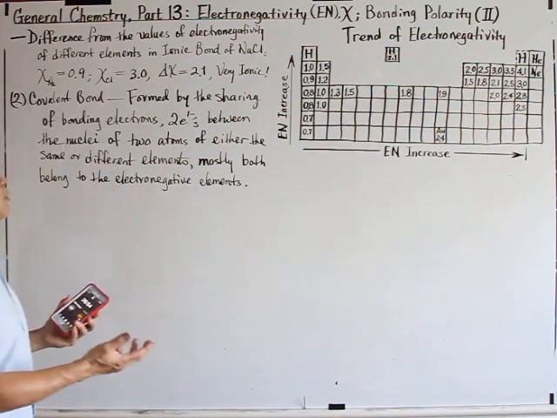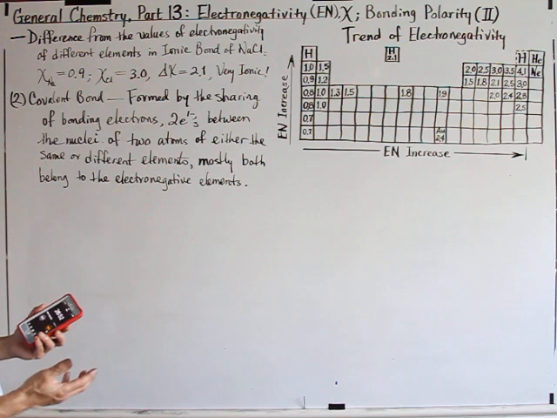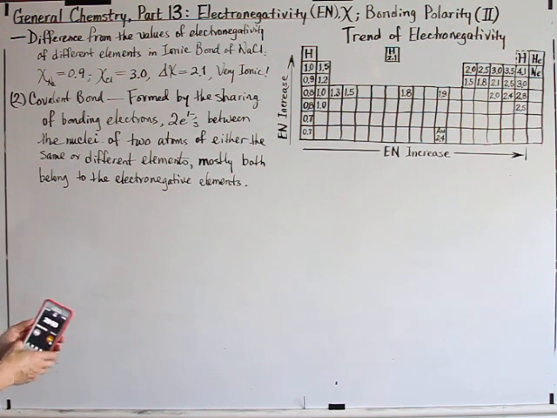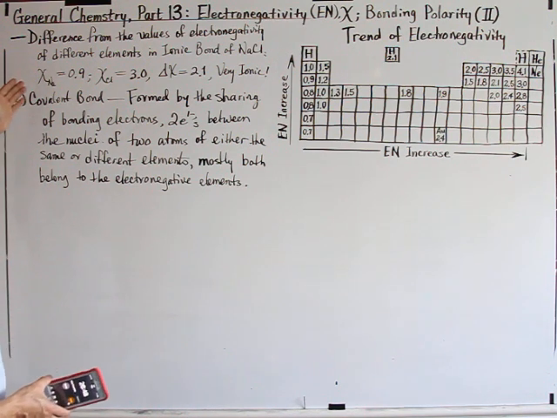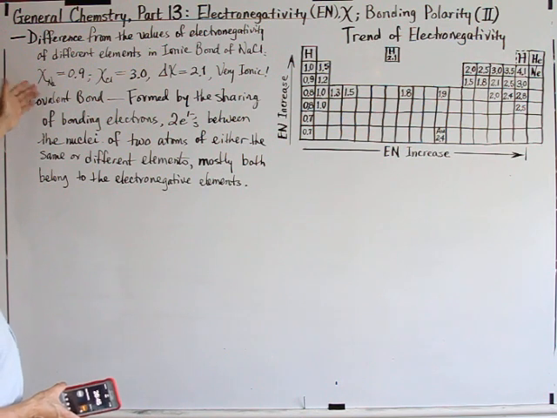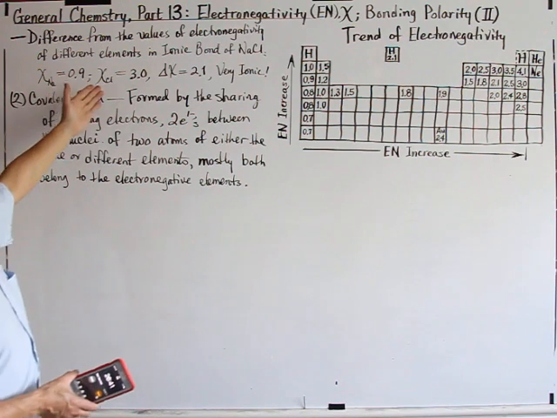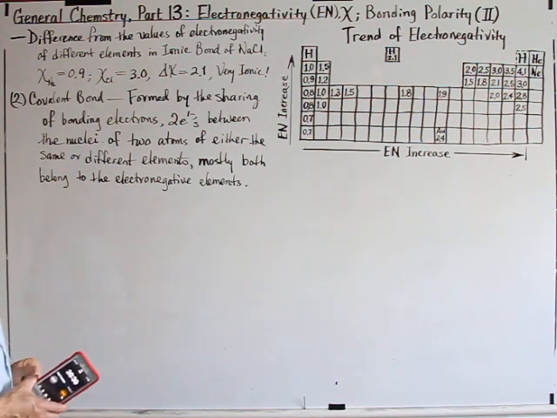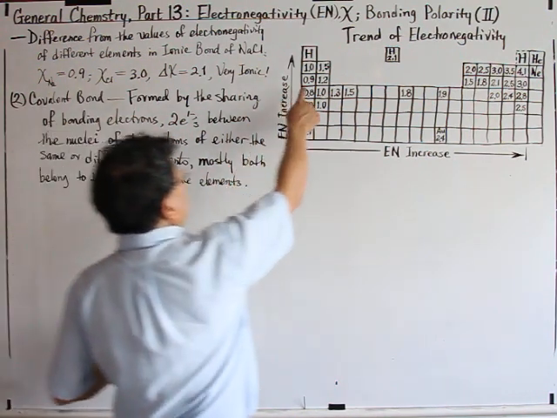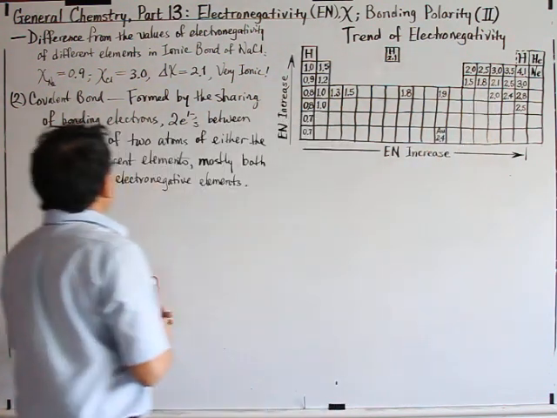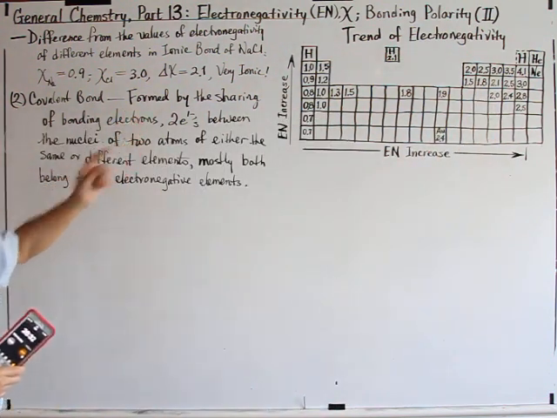Now the difference between the electronegativity values for those elements is very clear. The electronegativity for sodium, Chi Na, is 0.9, and for chlorine, Chi Cl, is 3.0. The difference, delta Chi, is 2.1.